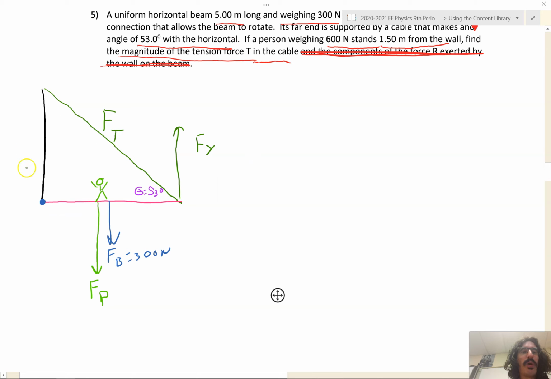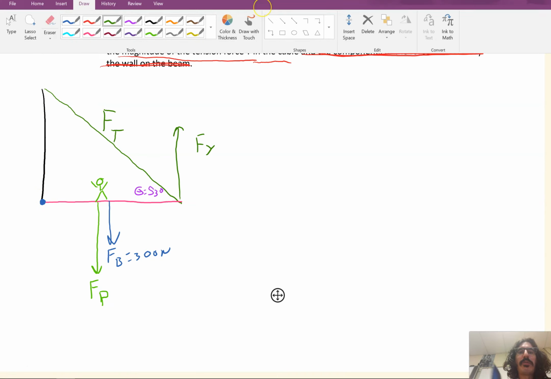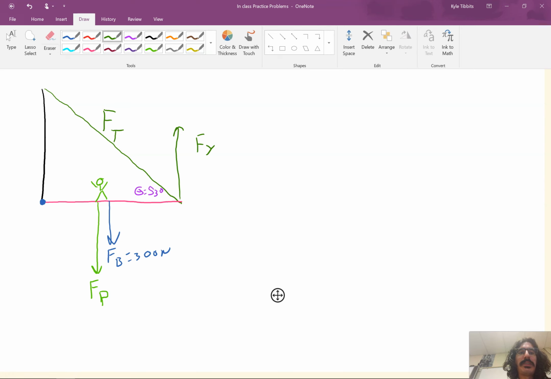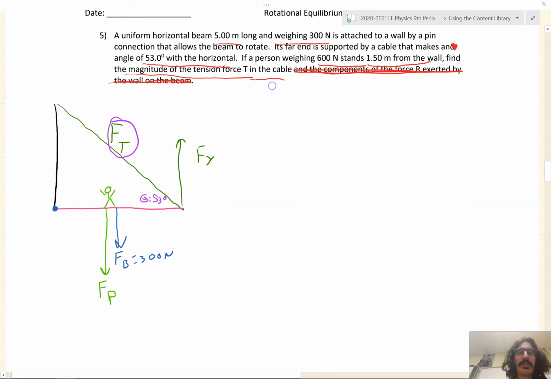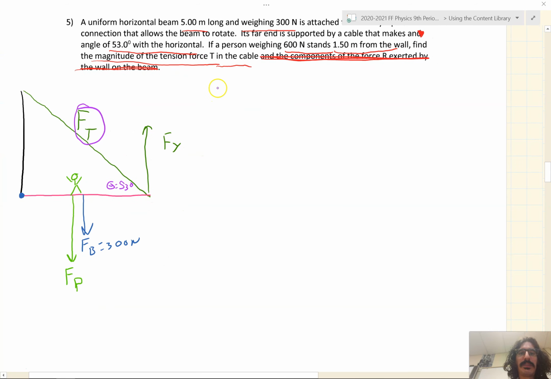We also have the wall, but the wall is at the pivot point, so its torque will be 0. And what we want to do is figure out what is the force in the y direction exerted by the cable, the tension force that prevents the beam from rotating. So let's look at the net torque of the system.